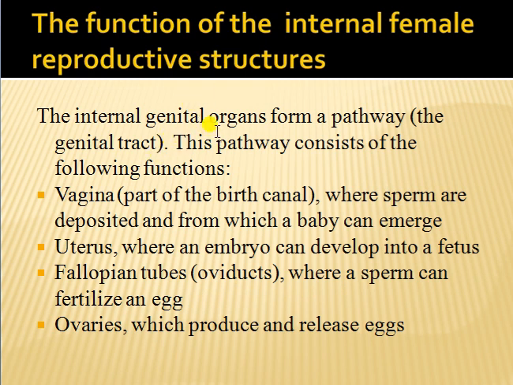The internal genital organs form a pathway. This pathway consists of the following parts. First part is the vagina.